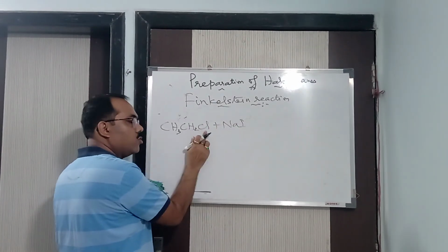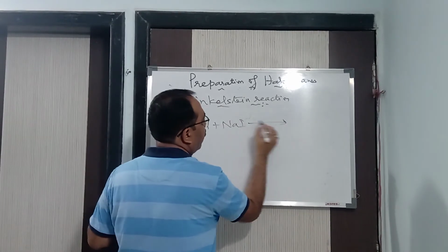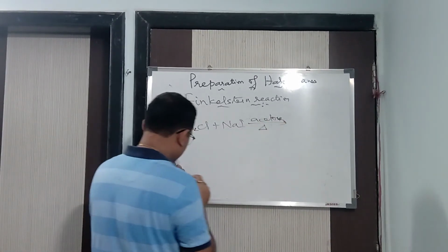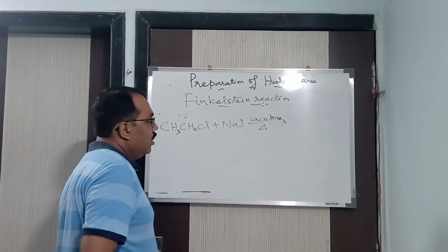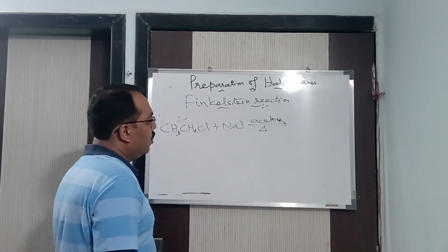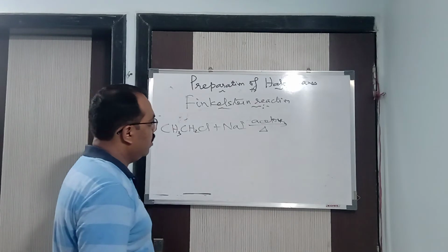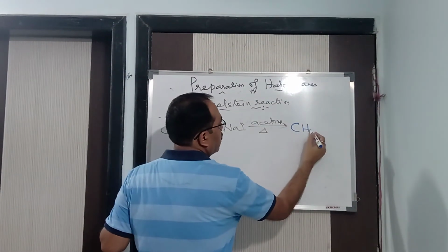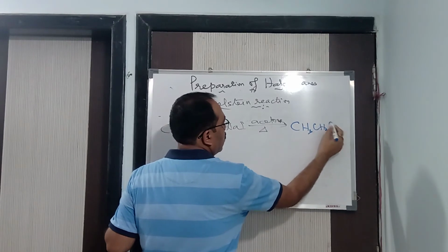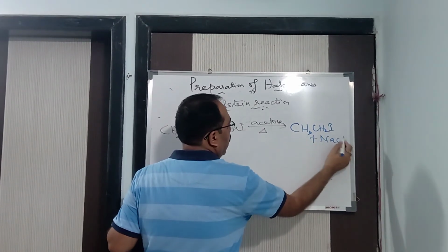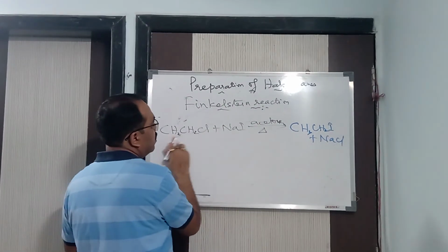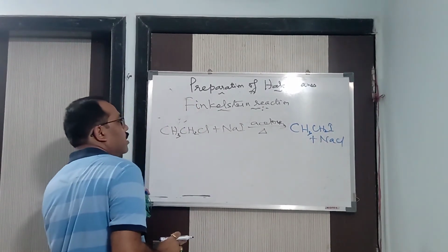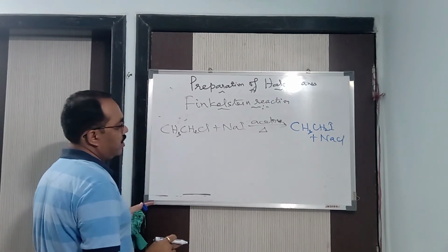You can take CH3CH2Br also, in presence of acetone, and heat it. Here acetone acts as a non-polar solvent. What I said, it's a halide exchange method: CH3CH2I plus NaCl. If you take Br, then CH3CH2Br gives CH3CH2I plus NaBr. This is called the Finkelstein reaction.